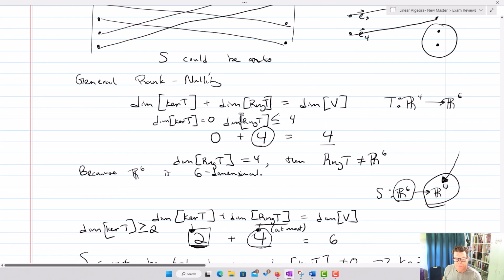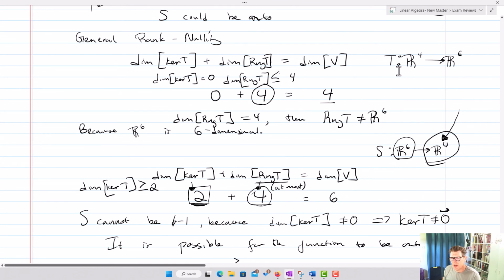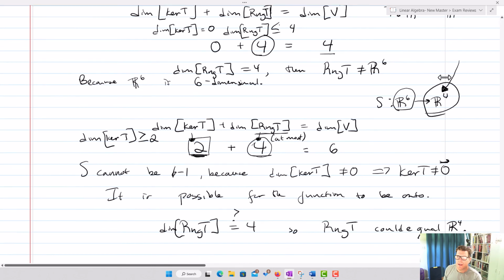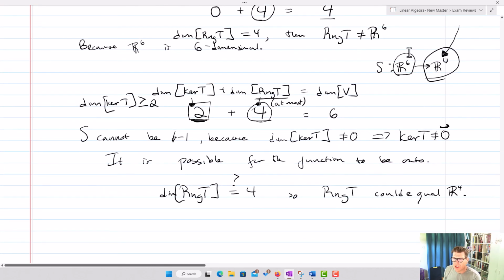If the transformation T's domain is less than its codomain, then it could be one-to-one. If, on the other hand, the domain of the transformation is greater than the codomain, then it could be onto, but there's no possible way it could be one-to-one. Okay? So that's a bit of an explanation there.